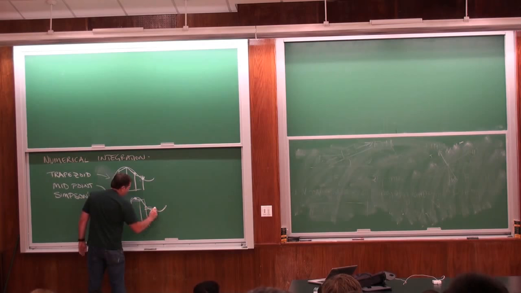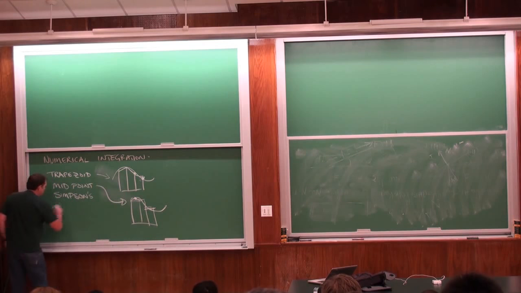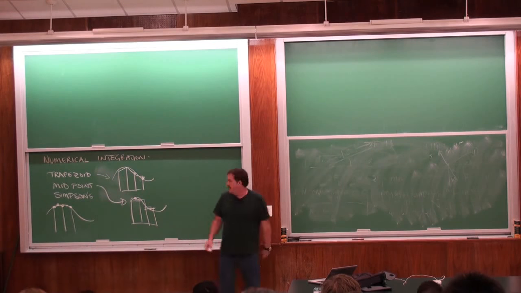Like that. And then Simpson's, which I can't draw very well, you go through 3 points per piece, and you put little parabolic pieces on top. There's a formula for them.